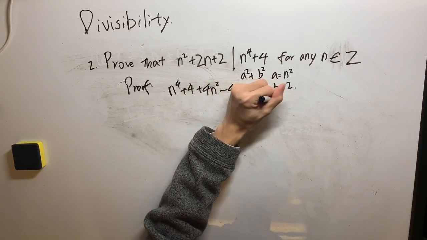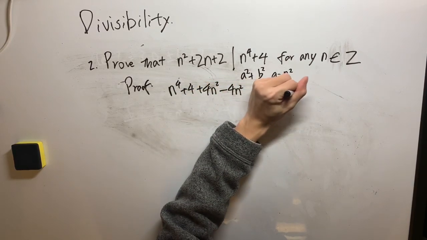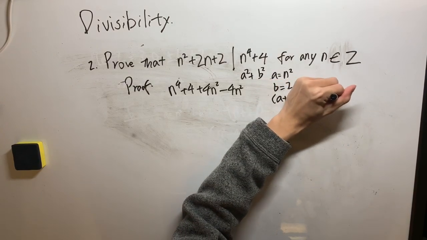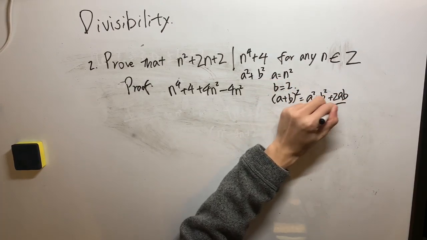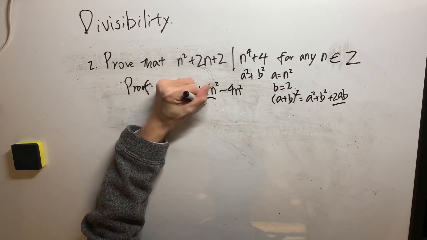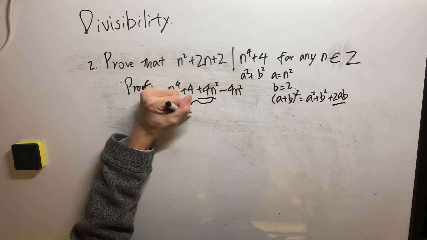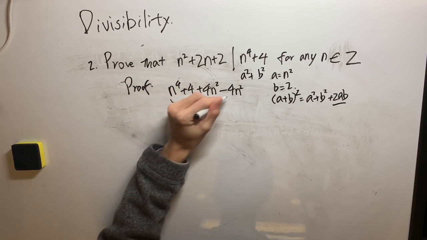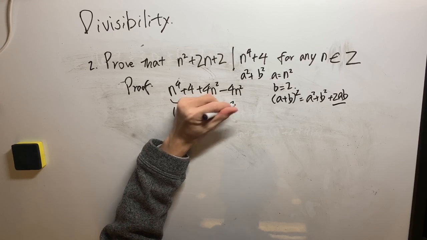we all know that a plus b squared equals a squared plus b squared plus 2ab. So we add 2ab here. And that can simplify as n squared plus 2 squared minus 4n squared.